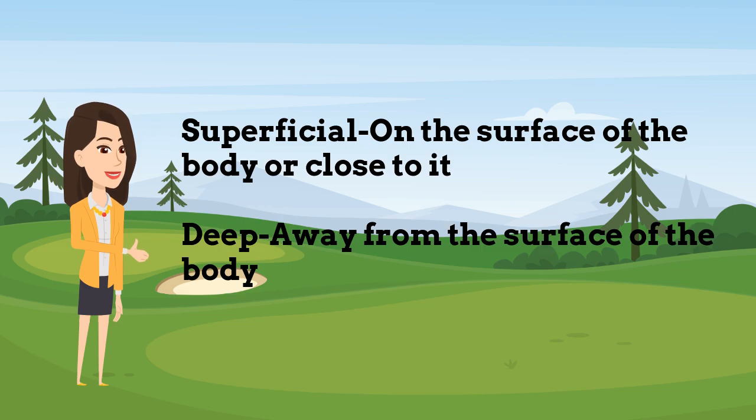Superficial means on the surface of the body or close to it. So the skin is superficial to the heart, whereas deep means away from the surface of the body. An example for this would be the lungs are deep to the ribs.